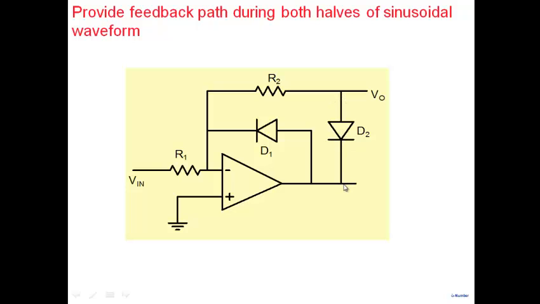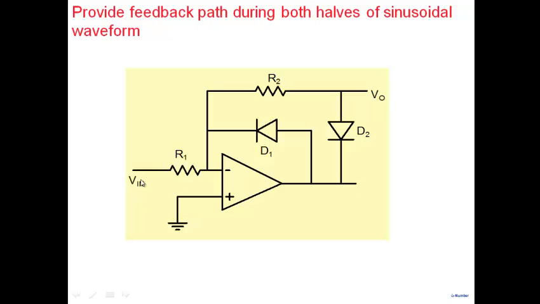So if I have, let's say, a 1 volt sinusoid, and the gain of the circuit R2 by R1 is 1, then the maximum value of V0 is about 1 volt, and the op-amp output would be 1 volt minus, let's say, 0.6, so about 0.4. So in the positive cycle, the op-amp output is about 0.4 here.